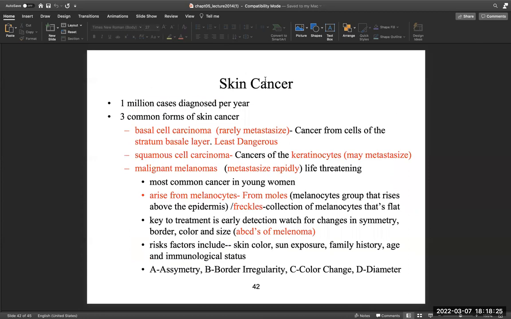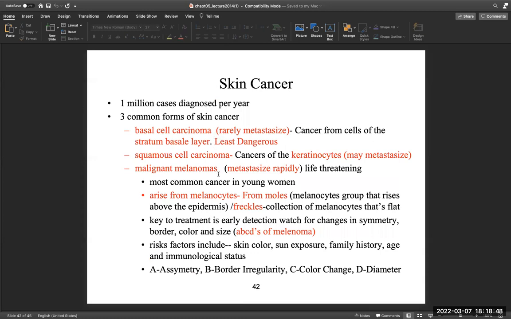Now, all of these cancers have greater incidence in areas with ultraviolet radiation. The more sunlight in that region, the more likely you are to have any of these skin cancers. Skin color becomes very important as well. The lighter your skin, the more likely you are to have all three types of cancers.